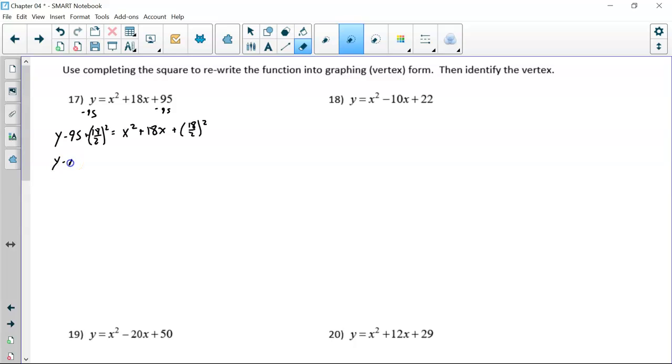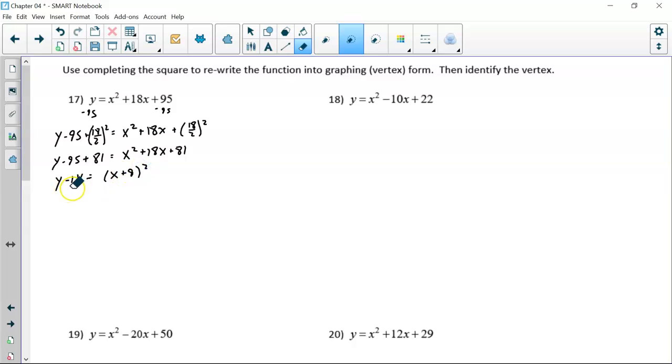So you get y minus 95. 18 divided by 2 is 9. Squared is going to be plus 81 equals x squared plus 18x plus 81. So you get y minus 14 equals, and when you factor, you get x, and then 18 divided by 2 is a positive 9 squared.